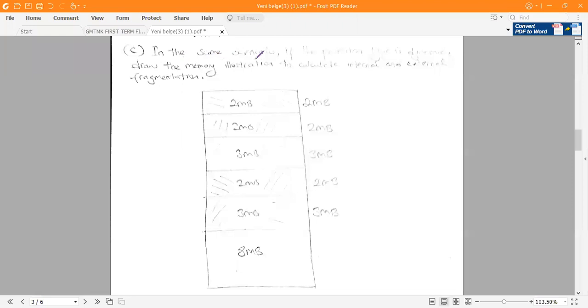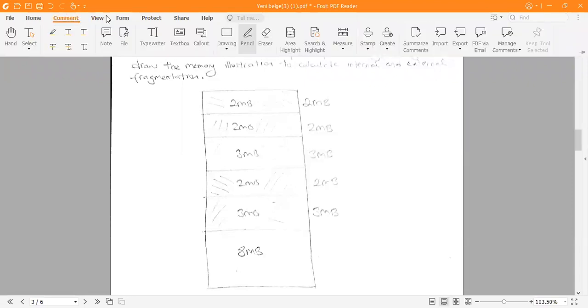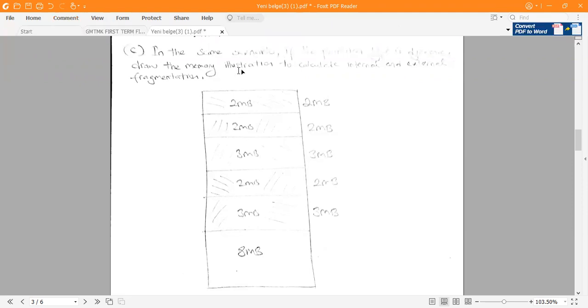Okay, in the same scenario, if the partition type is dynamic. So it is saying, it is writing here, I can make it bigger.